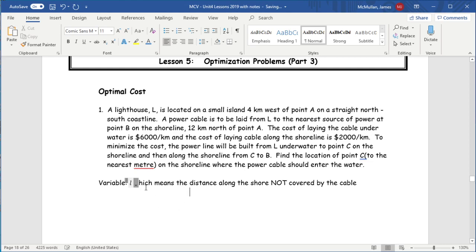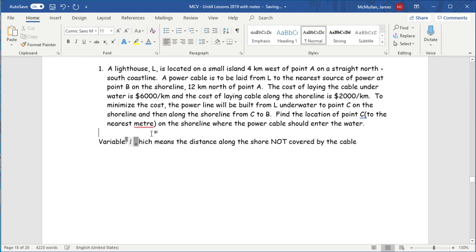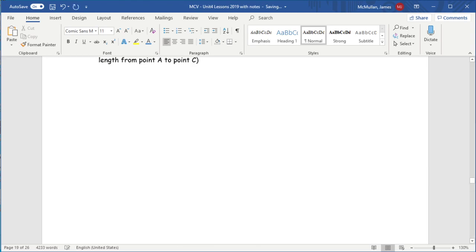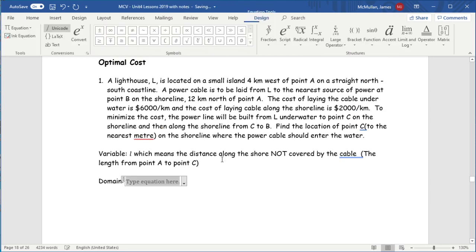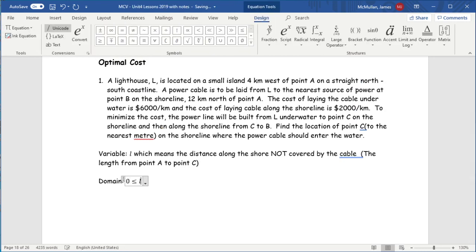So in other words, from point A up until point C. So the length from point A to point C. I'm not actually running any cable along this L, right? So that's my variable. The domain of L, okay, is 0 is less than or equal to L, which is less than or equal to 12.